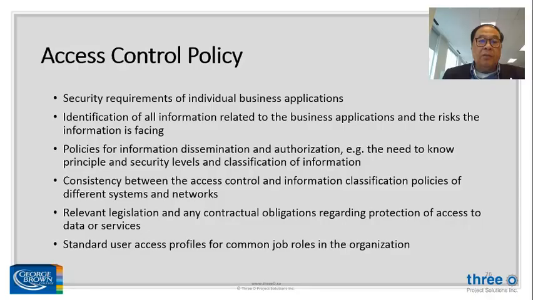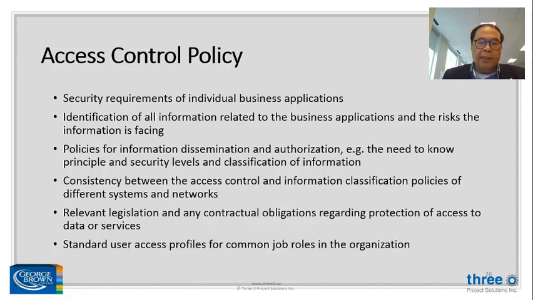The next thing we want to talk about is the access control policy. As part of implementation, obviously we want to set expectations for the user, for the manager that grants the user access, as well as for the people that actually provide control of access. So you're talking about the IT team and the information security team, so they know what to follow and what is allowed and what is not.